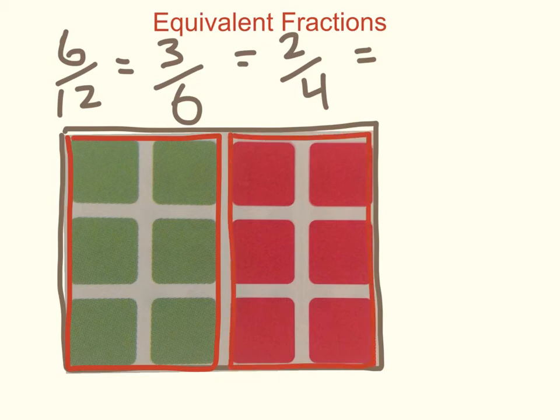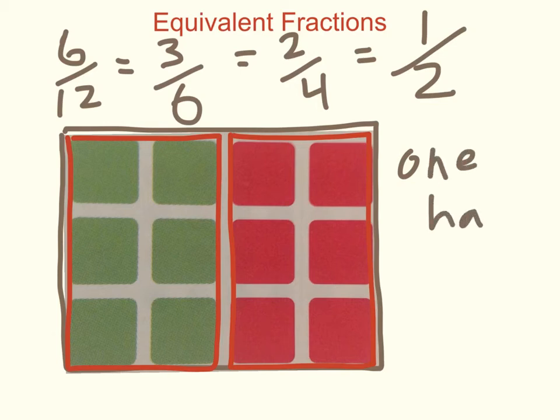So there are 2 sections altogether, and 1 is green. So 1 out of 2, or 1/2. 1/2 of the rectangle is green, and 1/2 is red. So 6/12, 3/6, 2/4, and 1/2 are all equivalent. We're using the same picture, but just grouping them differently.